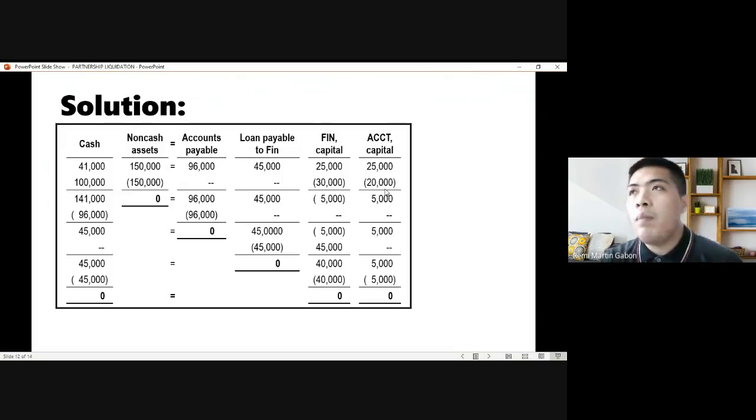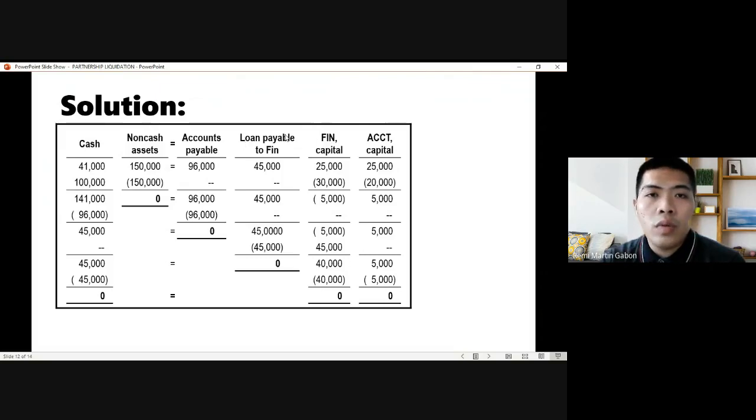So what is applicable here is to absorb his loss through a right of offset. This 5,000 will not be absorbed by Act, because since there is a loan payable to Fin, the application of loss absorption by Act will not apply. What will happen is the rule of offset.